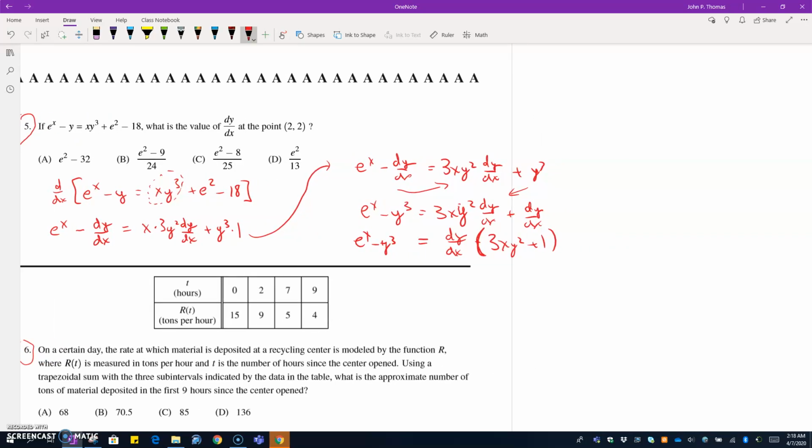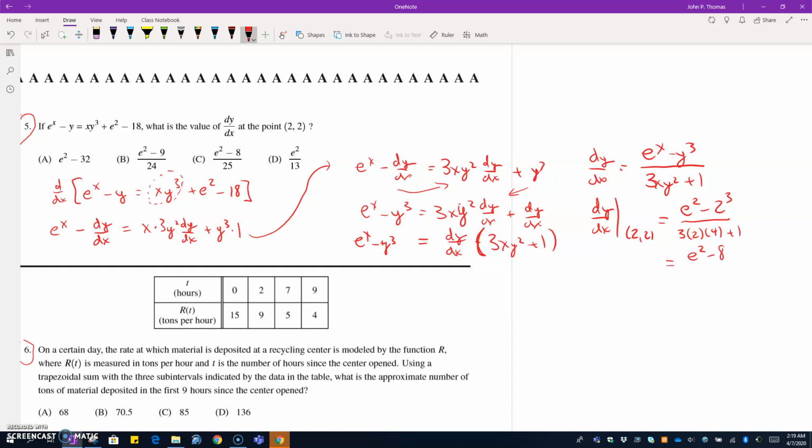Alright, so we're going to divide, and we have dy dx equals e to the x minus y cubed over 3xy squared plus 1. Now, the question asks us for the slope at 2, 2. So dy dx at the point 2, 2 is e to the second minus 2 to the third over 3 times 2 times 2 squared, which is 4, plus 1.